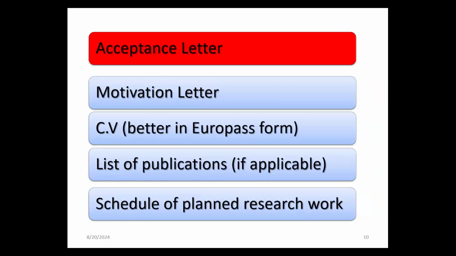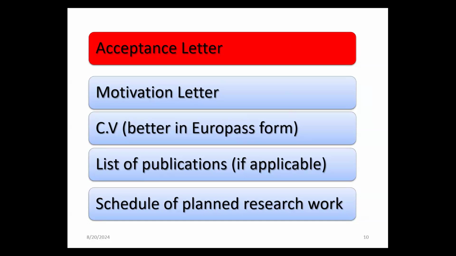So next, the acceptance letter, and this is also the second most important document you need for applying for this scholarship. And without an acceptance letter, your application will not be considered. Forget about it. And recently, they have introduced a motivation letter. In our time, there was no motivation letter.